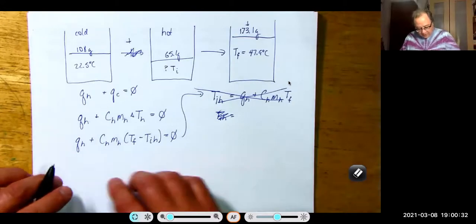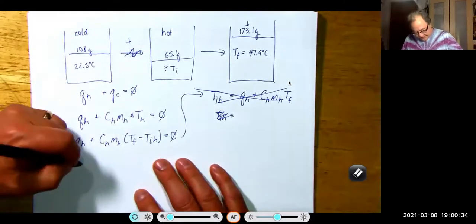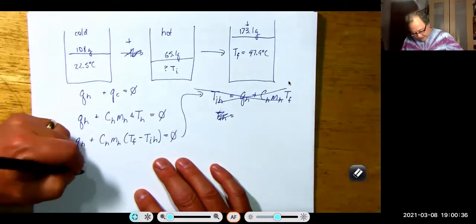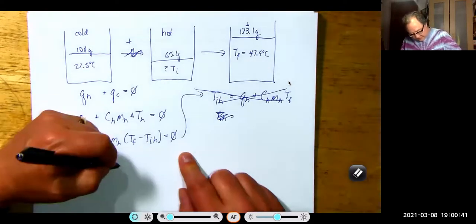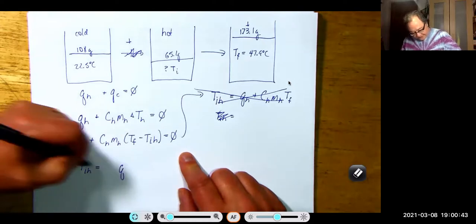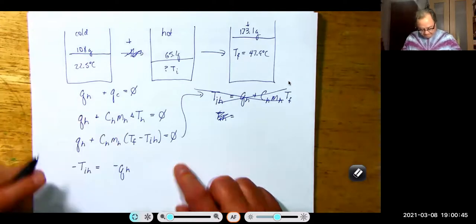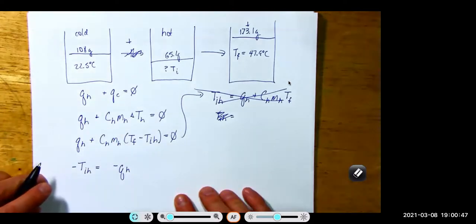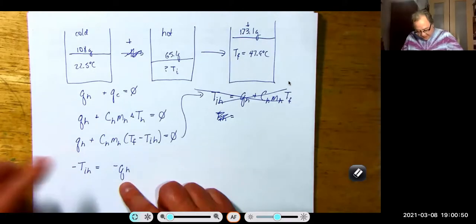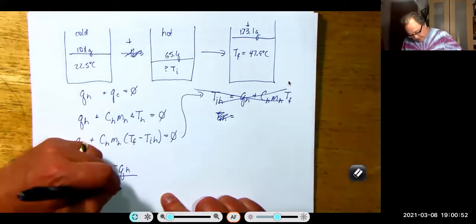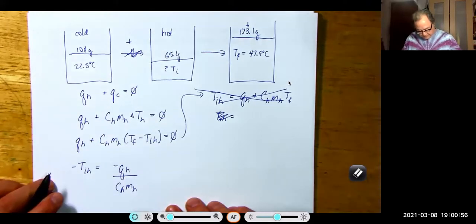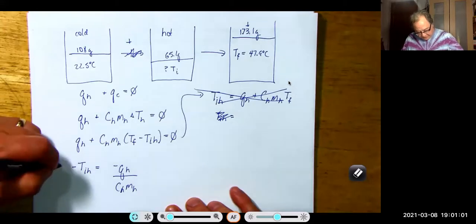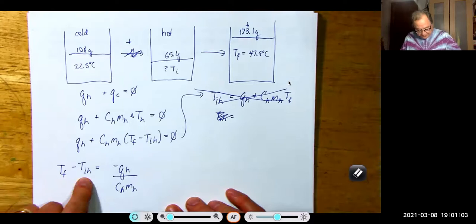So let's go back to what you were saying here. So you get T initial of the hot is going to be, we take this over here, and I'm going to leave that as a negative for now. That's negative Q of the hot, right? Right. And then we're going to have to divide each by Q of the hot, M of the hot. Actually, I'm going to do this, T final minus T initial.